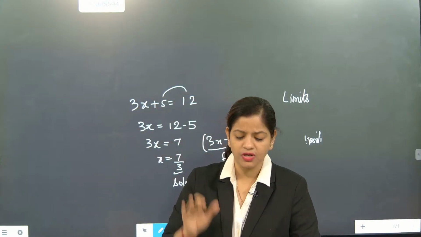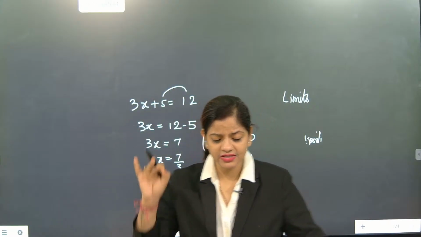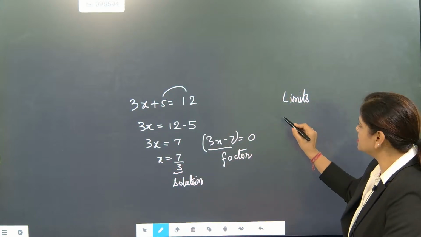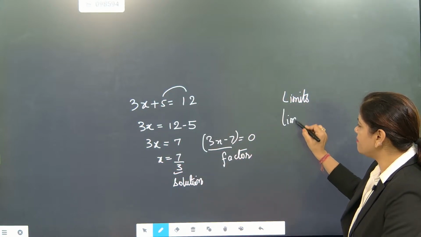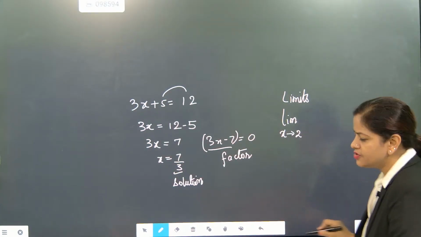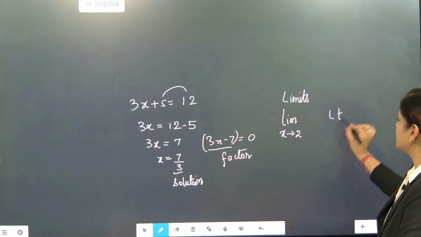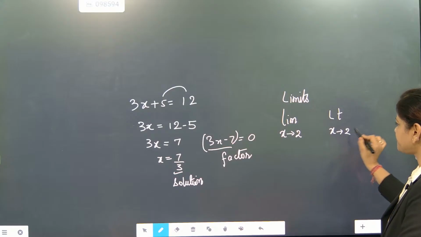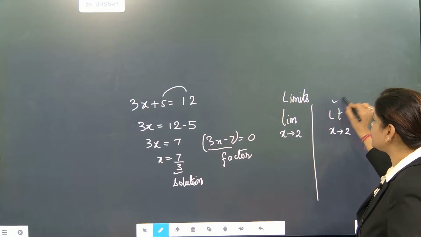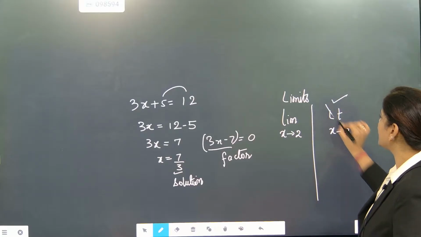Just check this out. When I am writing x tends to 2 in limits, how to write it? This is lim, x tends to 2. Understood? And this is not L P, x tends to 2, which is the Laplace transformation. You can't write like this.